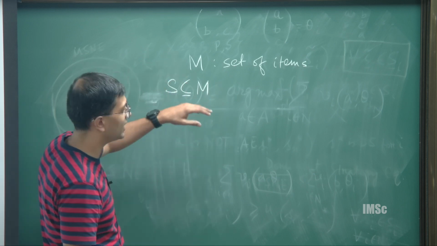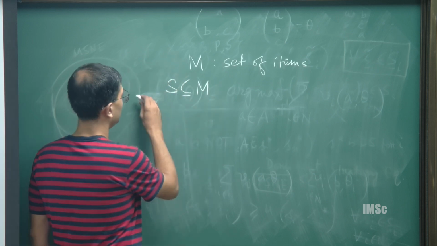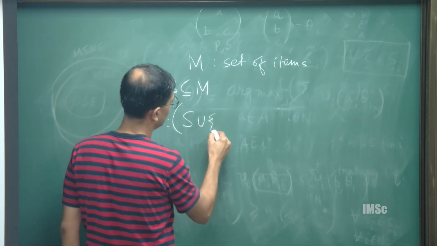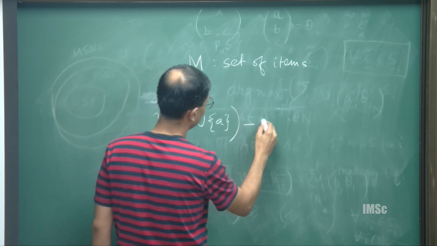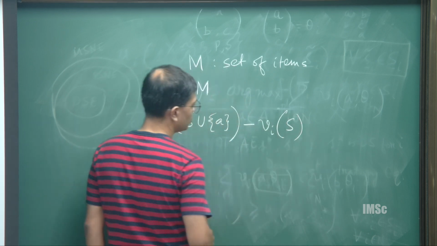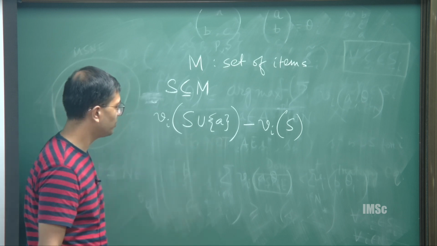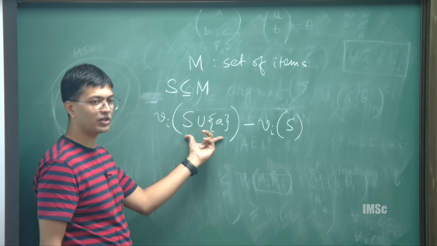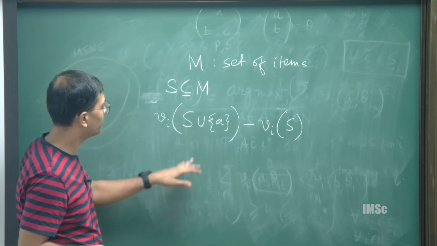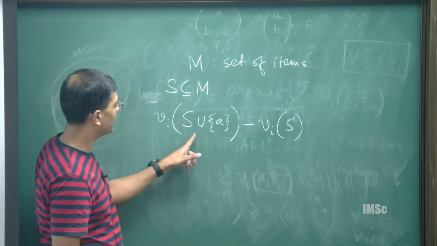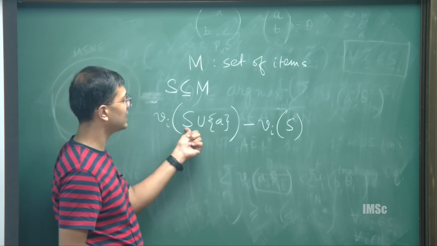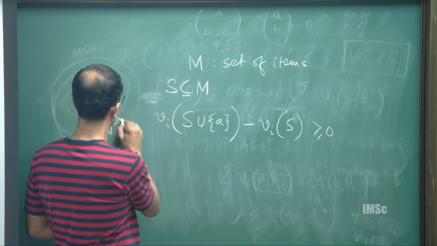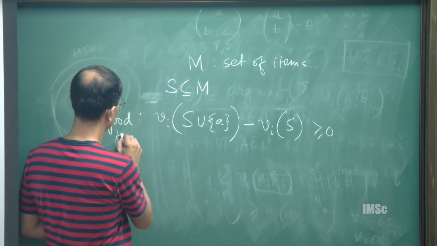Out of all the items I pick some subset, and if I add some item, let us say S union A, minus Vi of S. Because in a combinatorial setup we cannot really assign a valuation to a specific object, we are always assigning valuations for a bundle of objects. It could be different from the individual items. So, whenever I am adding this item to the existing set S, this should be non-negative. That is what is called a good for i.